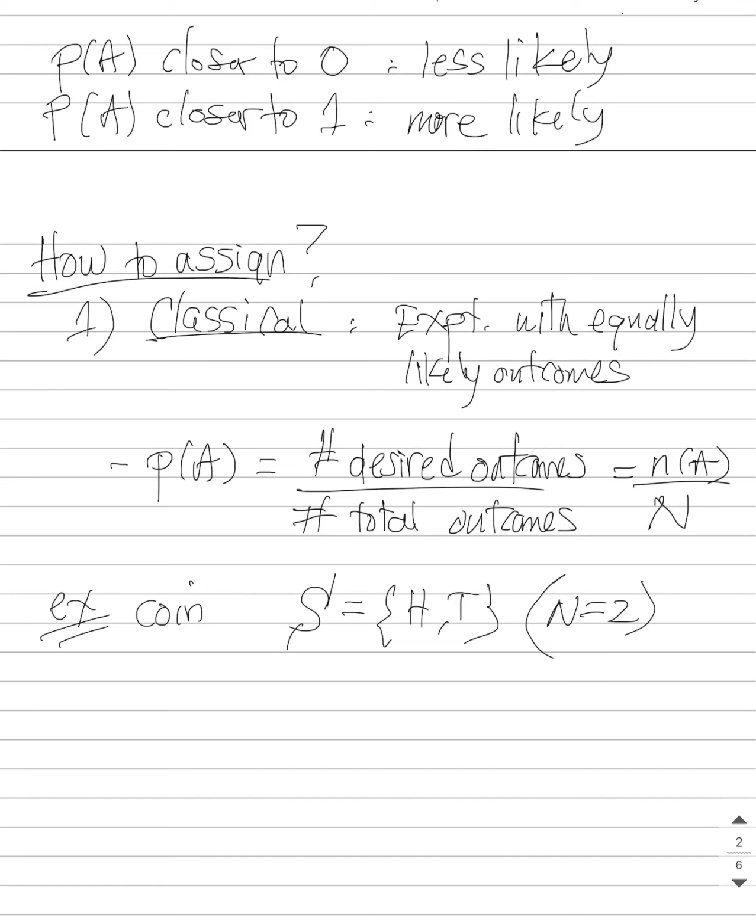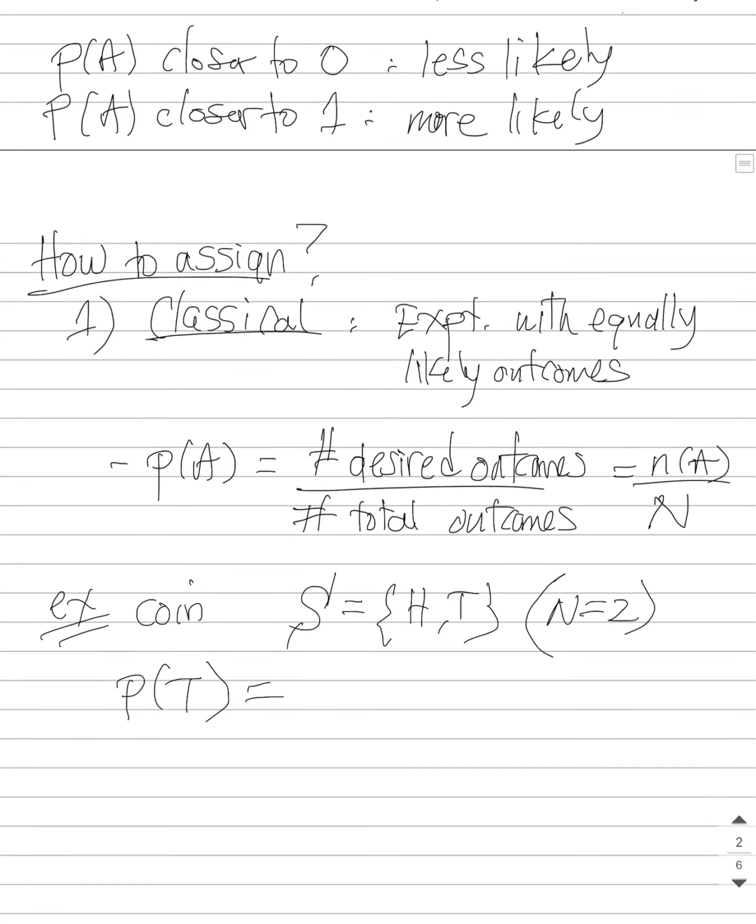You have 2 outcomes. If you want to know the probability of getting tails, you have to figure out how many outcomes in your sample space will get you to tails. Well, there's only one of them. By the definition, that one outcome gets divided by the total number of outcomes, which is 2. So the probability of getting tails is 1/2.